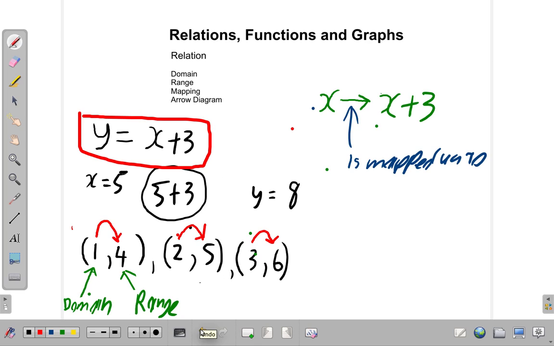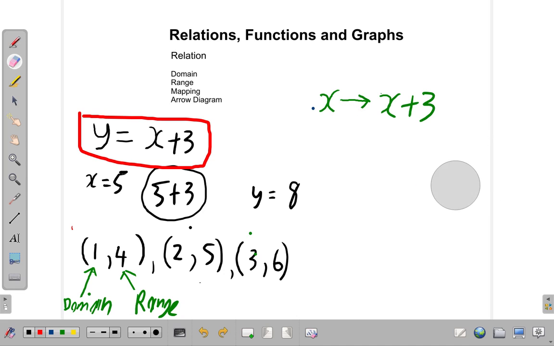Now let us see how you might represent this using a diagram. Let me do a bit of erasing. I'm going to need the space here. Alright. Now, you can use a diagram to represent this mapping. Let me use blue for these diagrams.